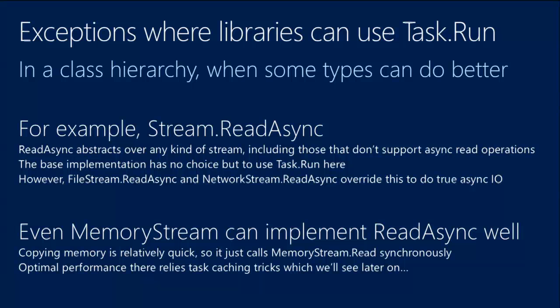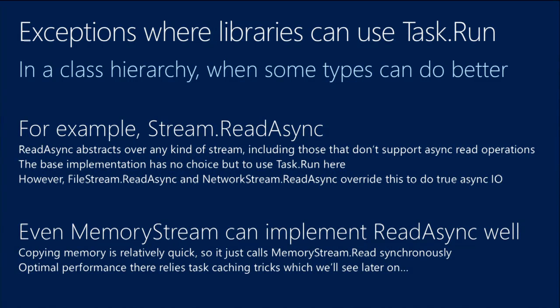So internally, the base stream.readAsync does task.run on the underlying stream.read method. So it's doing everything I told you not to, but it's doing it because it had no other choice. Well, the reason it has it there is because we really wanted read async to be a method on the base stream type so that everyone could use it.